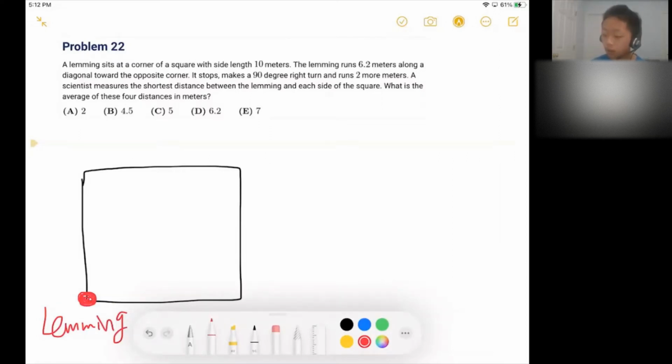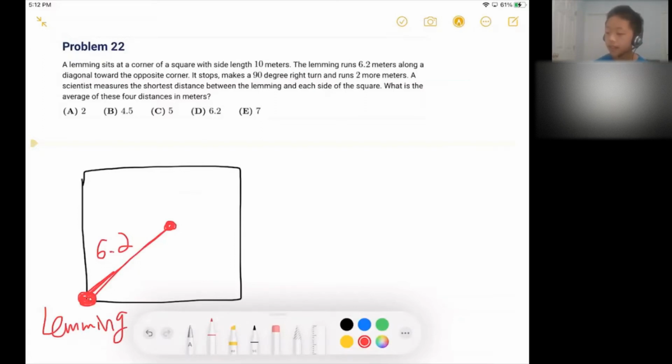The opposite corner is this way, so it's going to run that way, 6.2 meters. It might look something like this, with length 6.2 meters.